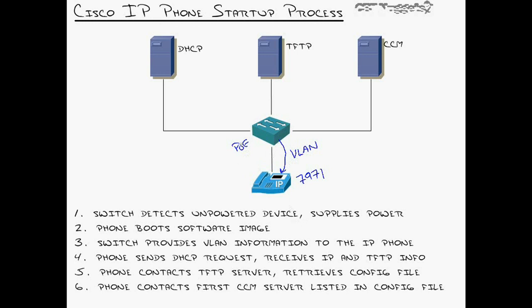Now again, I'll expand on that later, but that's our Cisco Discovery Protocol. Cisco modified the discovery protocol to actually do more than just monitor and see what's plugged in. It sends a CDP packet to the phone and says, hey phone, here's your VLAN, and this is what VLAN you're on.